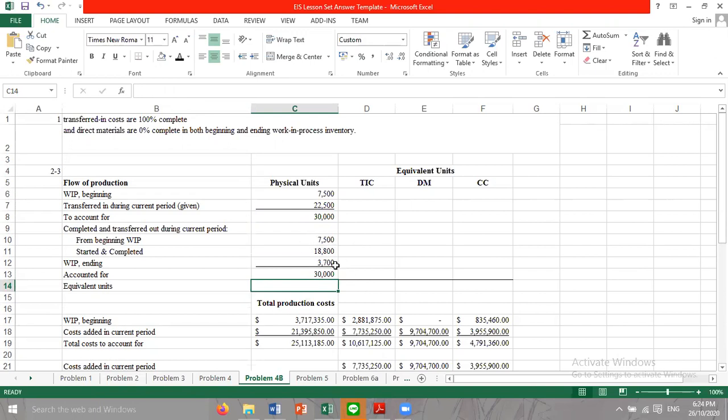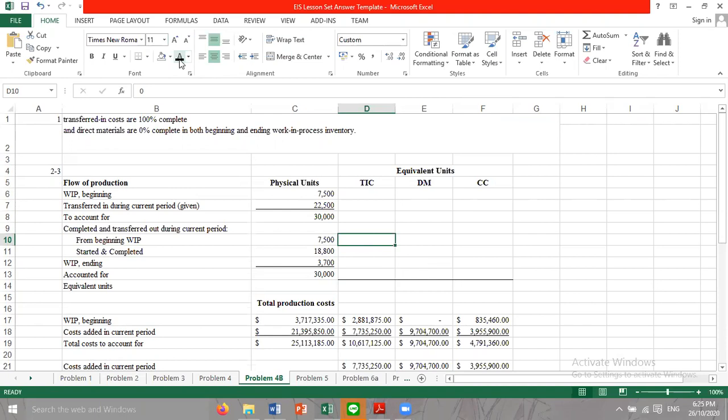Now, once again, we need to calculate the equivalent units. Unlike weighted average, beginning WIP is differentiated from started and completed. In this case, we need to calculate the equivalent units from beginning WIP, which is transferred out. Once again, the general principle is that transferred in cost is always 100% complete.